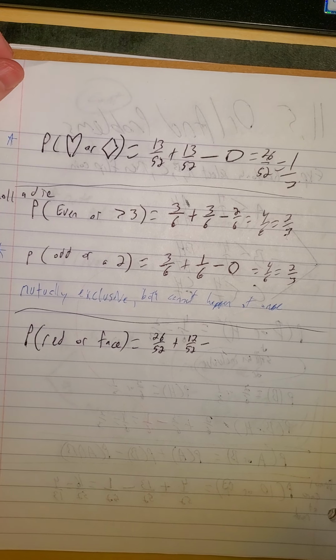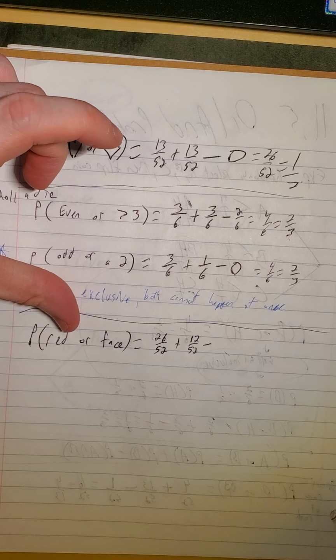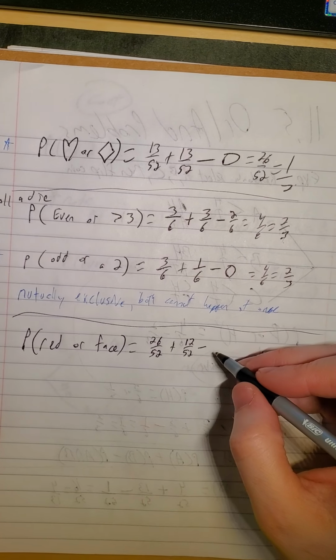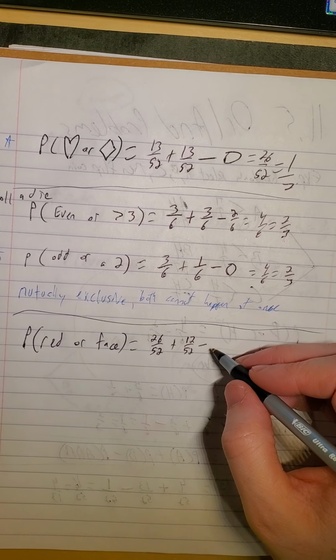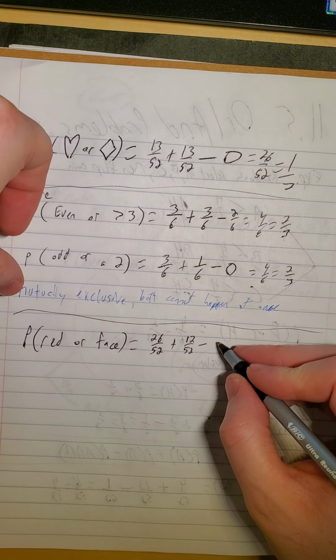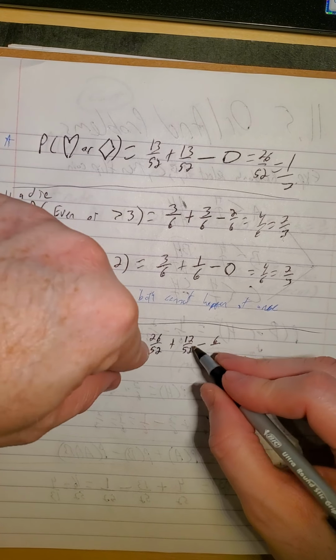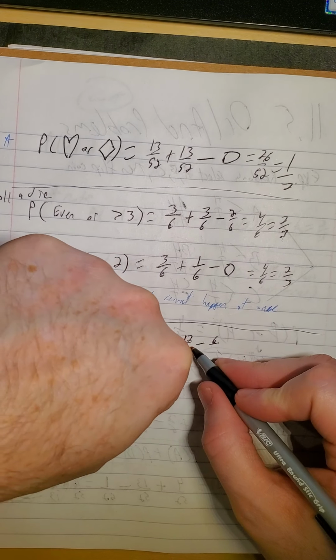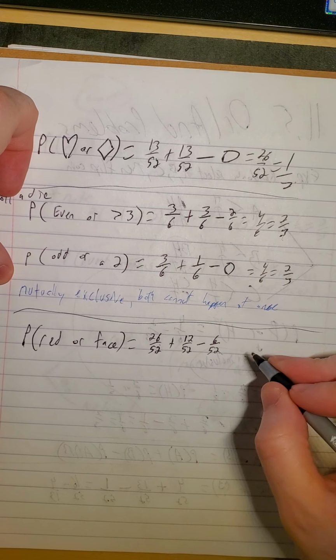Minus the stuff that I counted twice. Red face cards. There are 3 face cards in the hearts, 3 face cards in the diamond. So 6 of those were counted as both part of the 26 and part of the 12. So we'll cut that off.